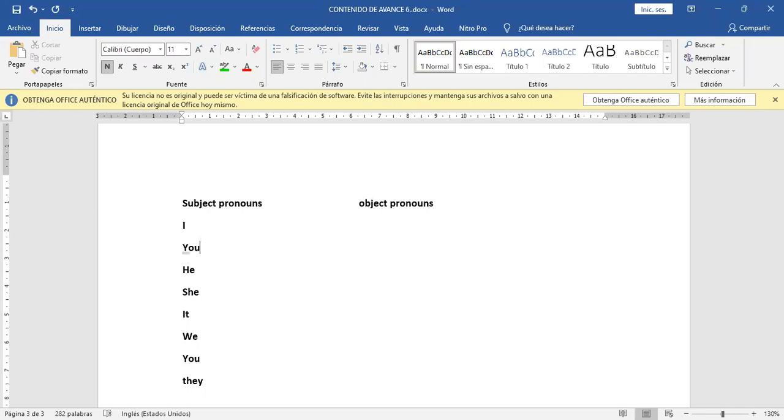Great. Thank you, Carolina. Subject pronouns are different from what Lena said. Object pronouns.